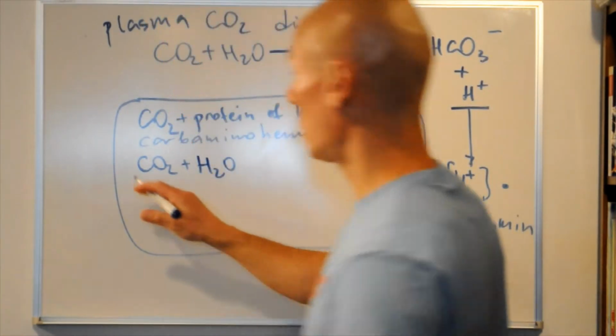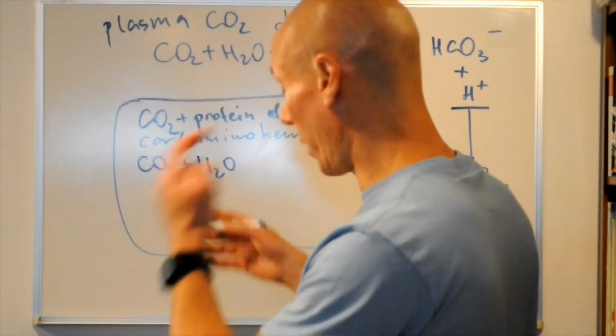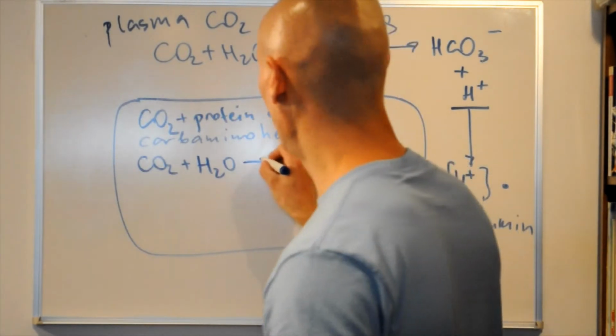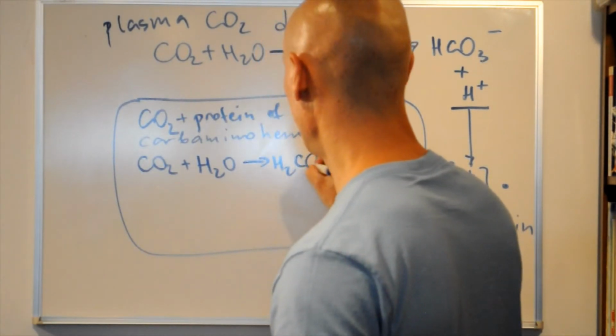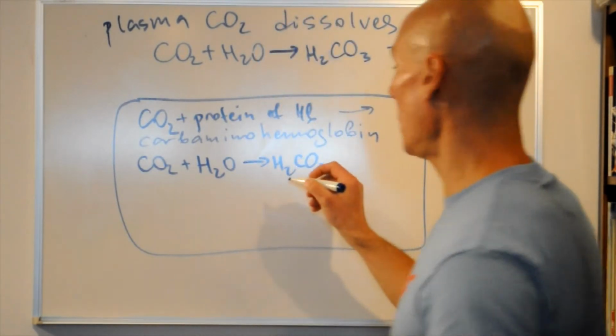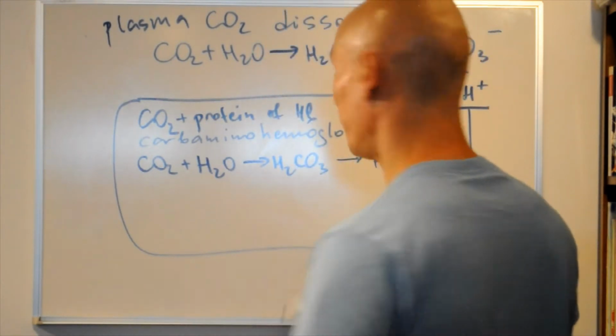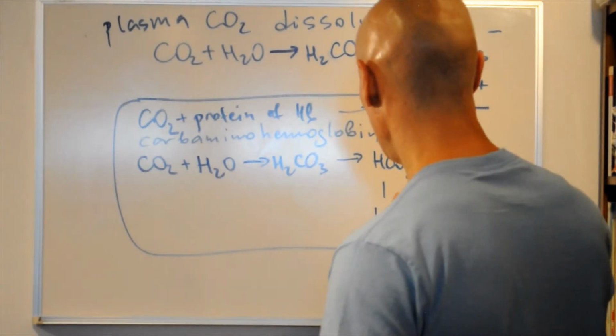So carbon dioxide interacts with water in the red blood cell, forming carbonic acid, which then dissociates into bicarbonate and hydrogen ion.